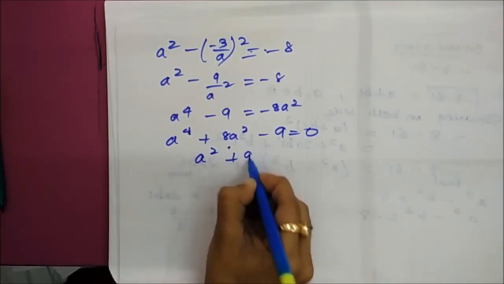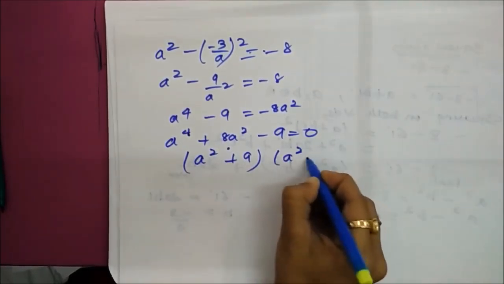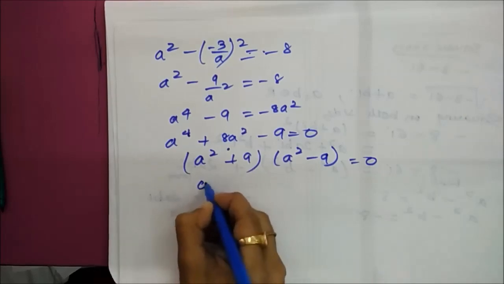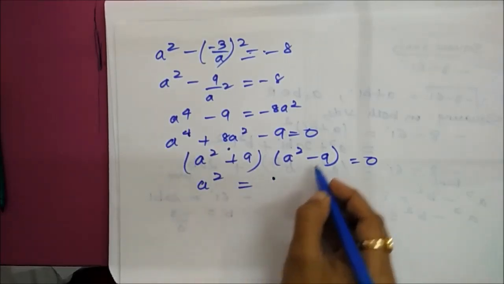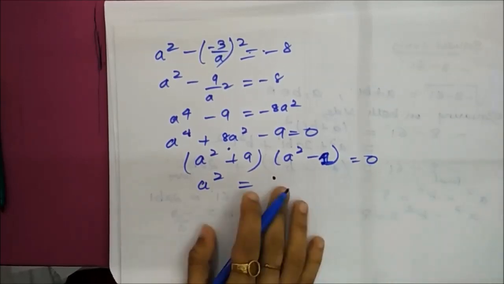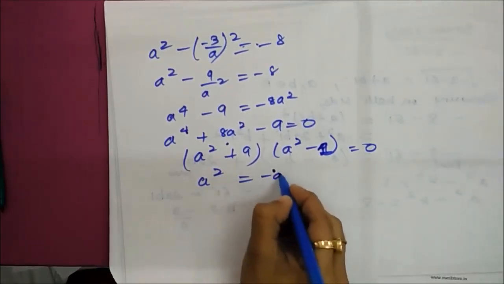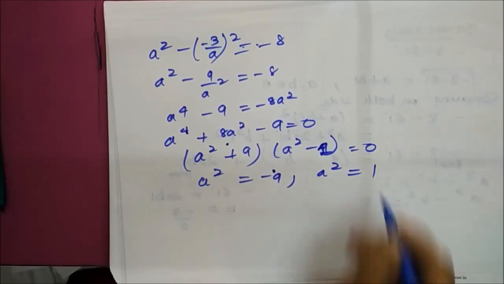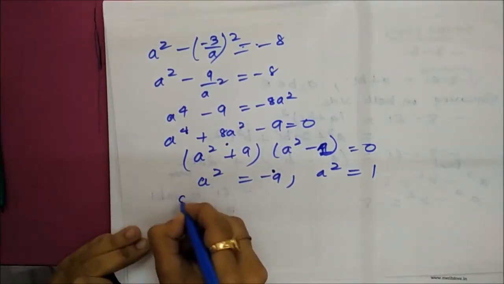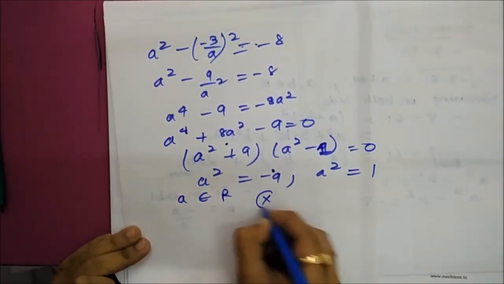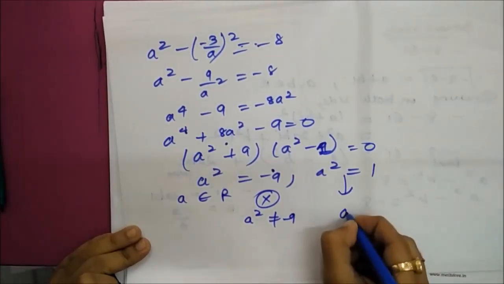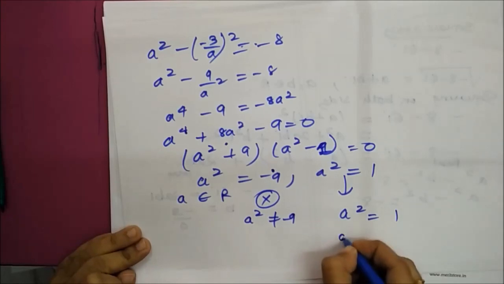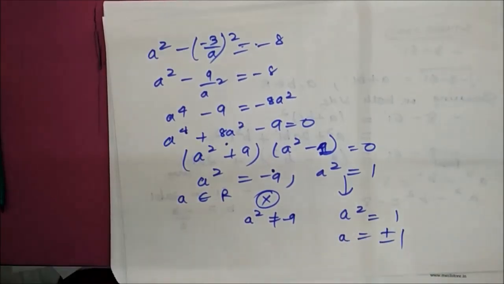So (a square plus 9)(a square minus 1). These are your factors. So a square is equal to minus 9 and a square is equal to 1. Now as a belongs to real numbers, a square equal to minus 9 is not possible, hence your answer has to be a square is equal to 1. So a is equal to plus or minus 1.